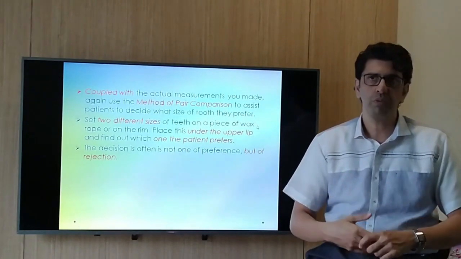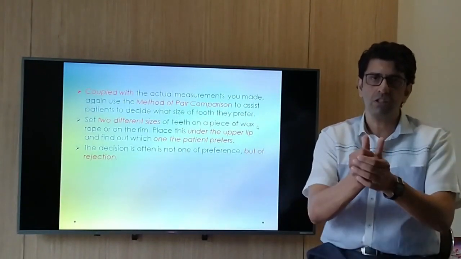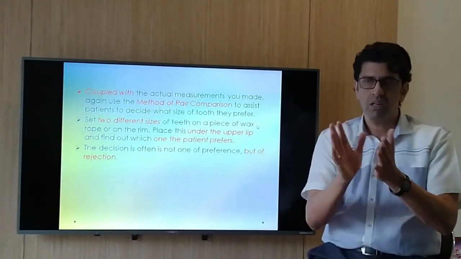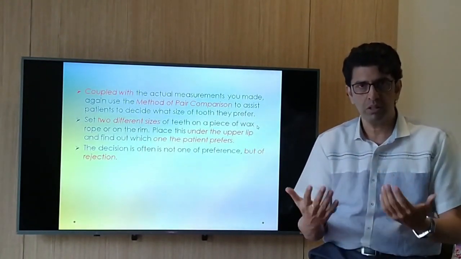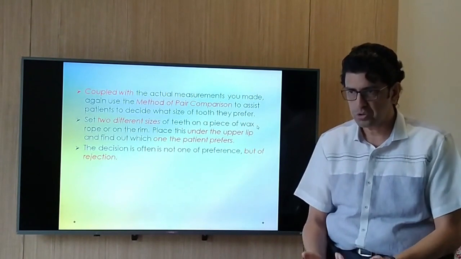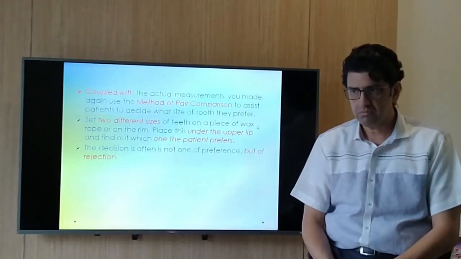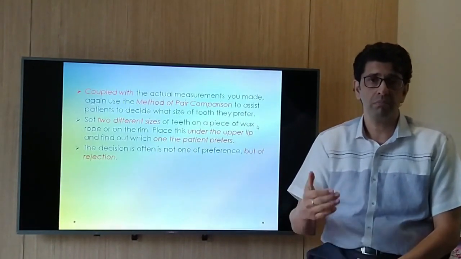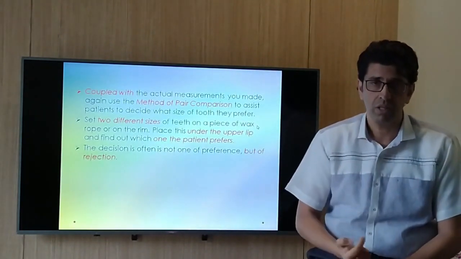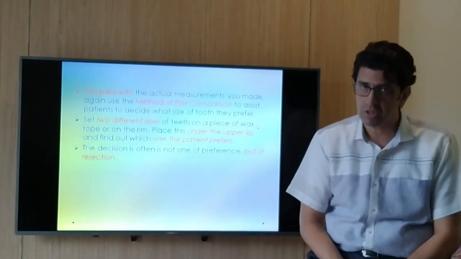Again, if the patient is struggling, you can set the two teeth that the patient is confused about onto a strip of wax and put it under the lip to find out which one the patient prefers. Okay, so that is also there. The patient's reaction may point to one that she doesn't want, so that will help you choose the one that she does want.